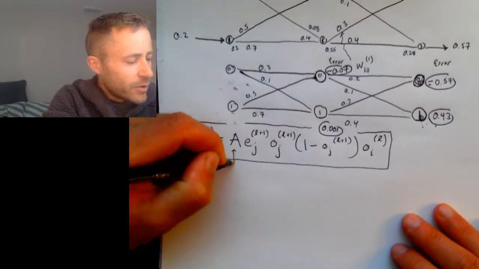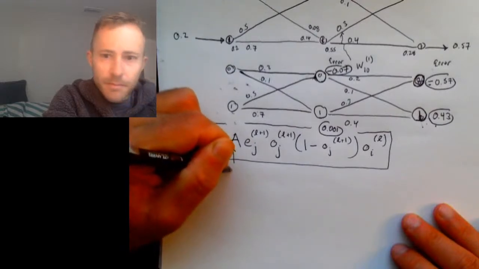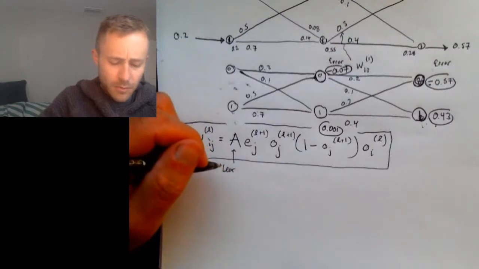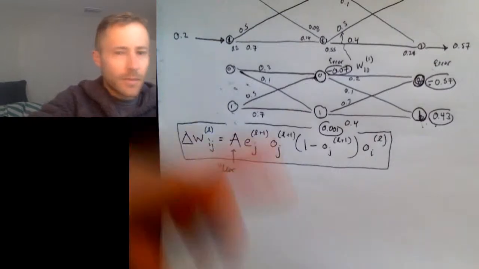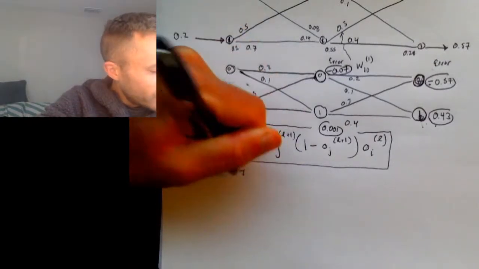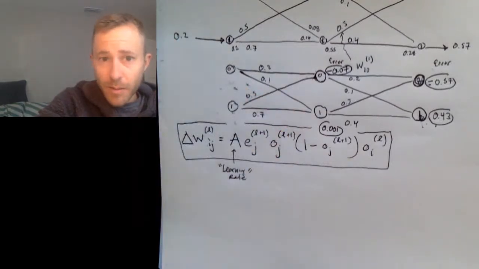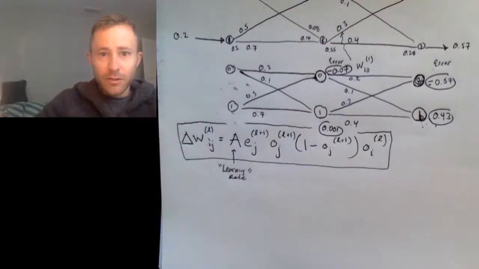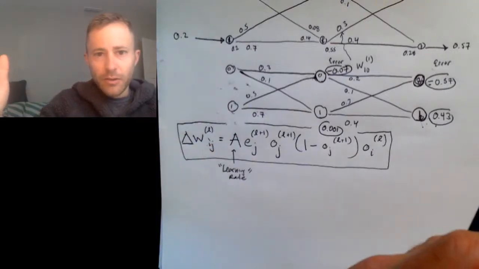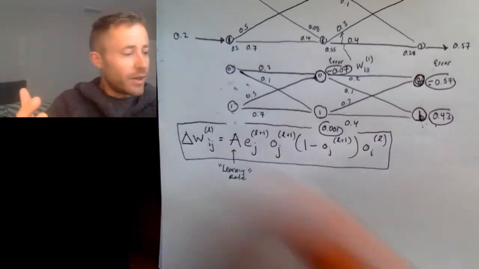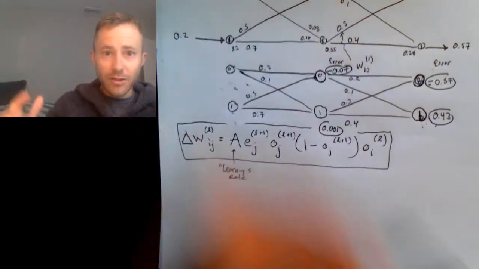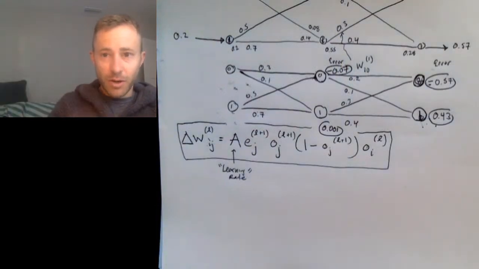A is something called the learning rate. Okay, and that is a free parameter. The idea is with a neural network, you give it a lot of inputs and target outputs. If the learning rate is large, then the link weights are going to change very rapidly.